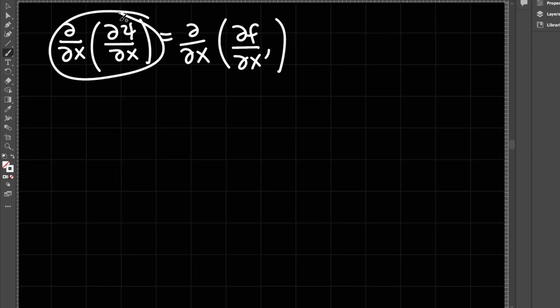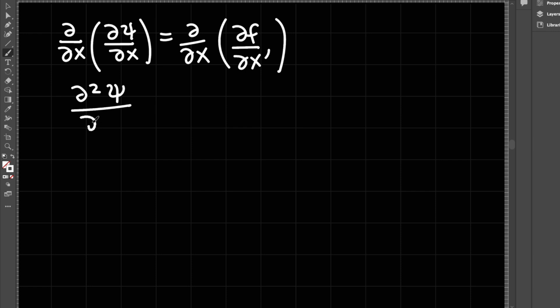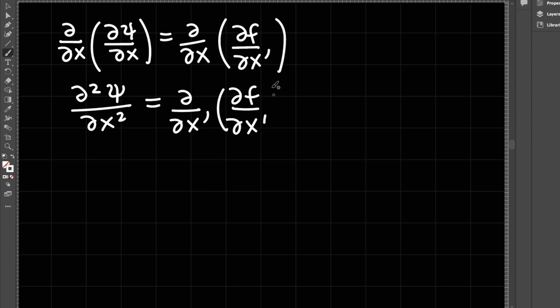So this side can be written as the second order partial derivative of psi with respect to x. And this is equal to, again, we can apply the chain rule here. So we have partial over partial of x prime of partial of f over partial of x prime times partial of x prime over partial of x. Again, using equation 2, this is equal to 1.